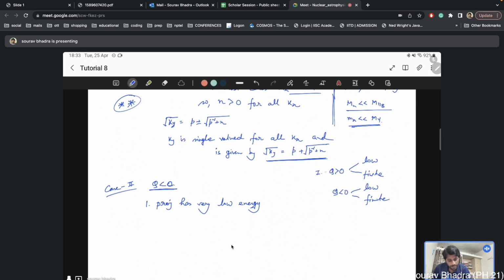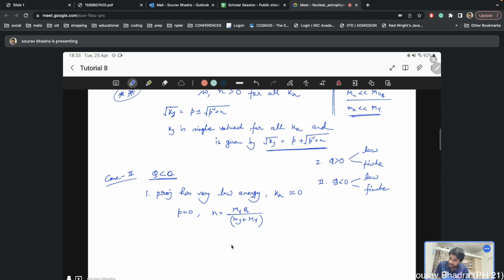This is under case 1, this is under case 2 that we are doing here. So the projectile has very low energy, that means again kx is nearly 0. That means again p is 0 and n is as previous, My q over m plus capital My.